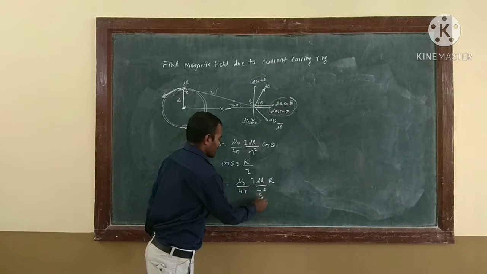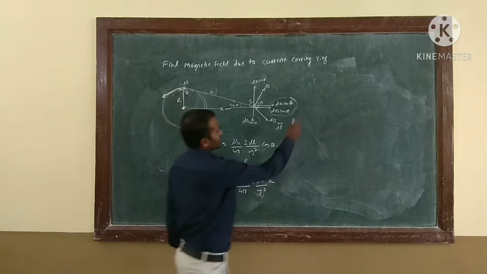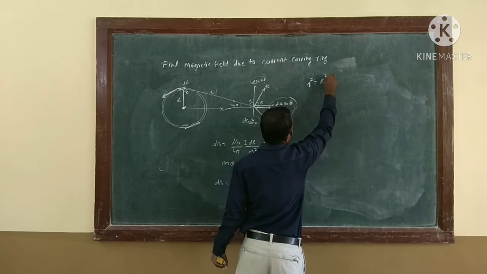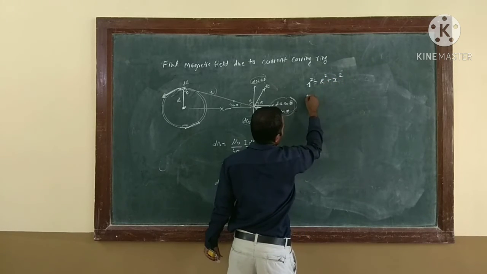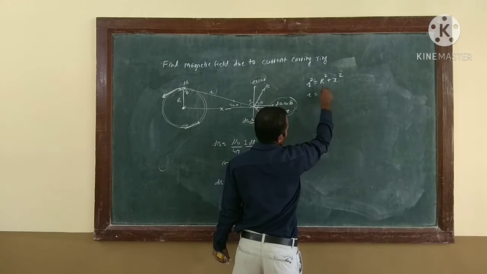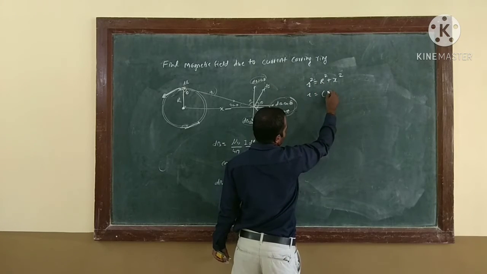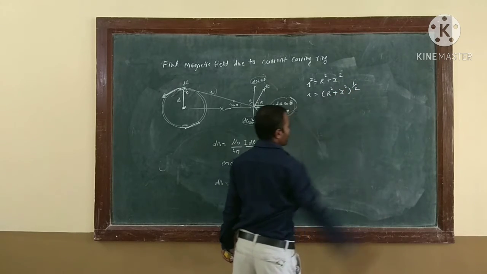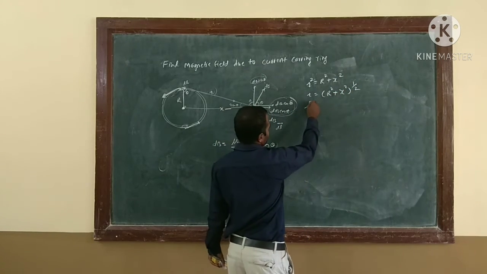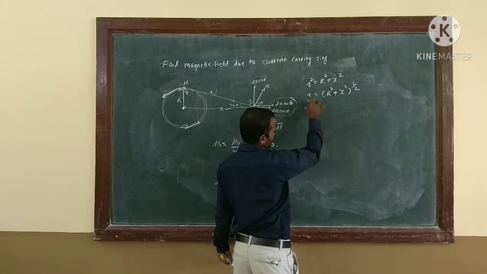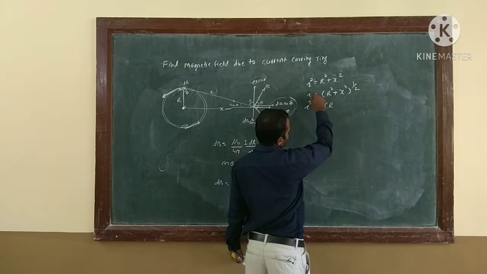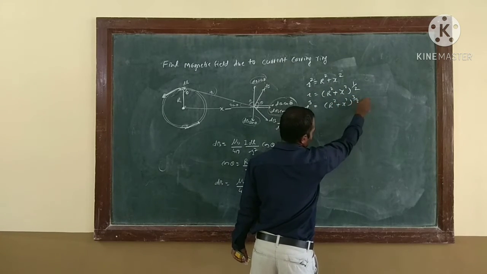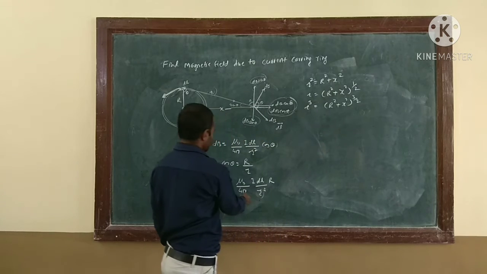So r square is nothing but the hypotenuse, capital R square plus x square. So r is equal to under root, raised to half. We need r cube, and the cube of the whole term will be raised to 3 by 2. Substitute this value in this equation.